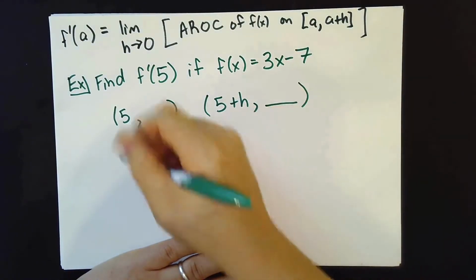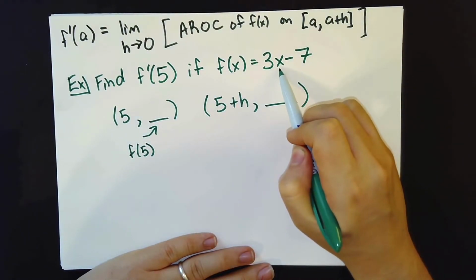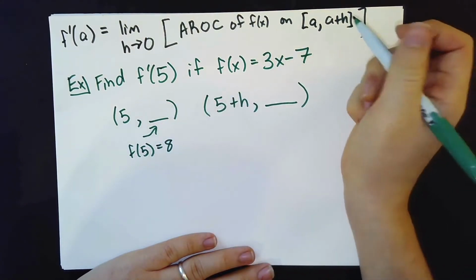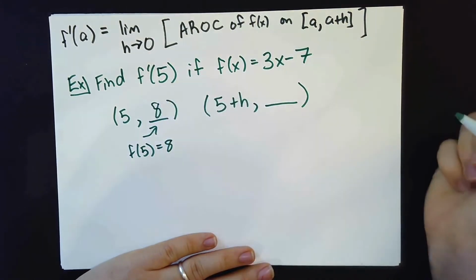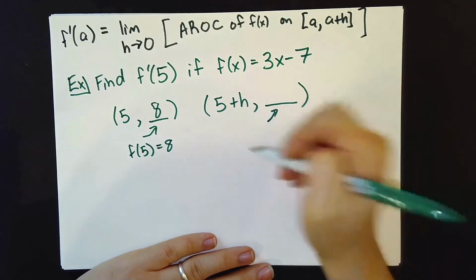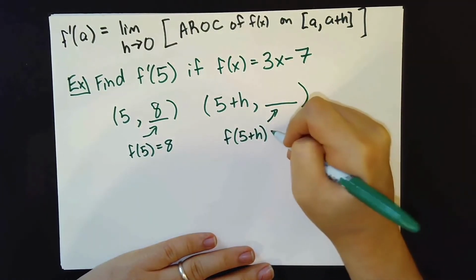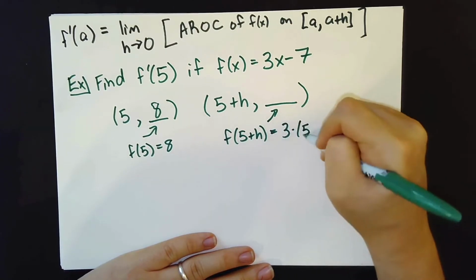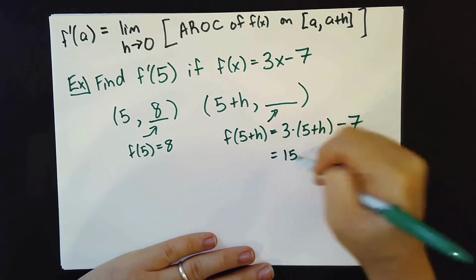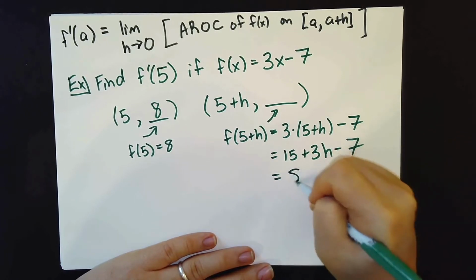Well, it is going to be f of 5, which is 3 times 5 minus 7, which is 8. And then what's going to go here? This is going to be f of 5 plus h, which is 3 times 5 plus h minus 7, which is 15 plus 3h minus 7, which is 8 plus 3h.